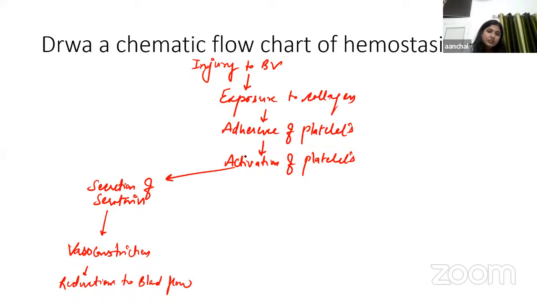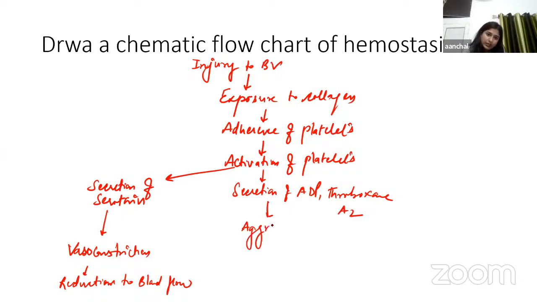Also, activation of platelets will lead to secretion of ADP and thromboxane A2. This thromboxane A2 is responsible for aggregation of platelets, and it leads to platelet plug formation.